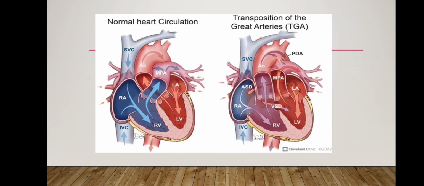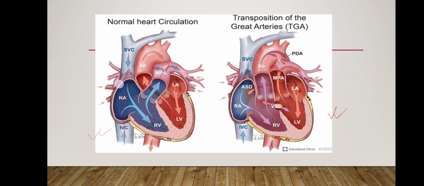Now going to the pathophysiology, this is the normal heart, and this is the TGA heart. Before going to the details of the pathophysiology of TGA, first we have to know the normal heart. As I said, the SVC and the IVC blood enter into the right atrium. From the right atrium, it enters into the right ventricle, and from it there is the pulmonary artery.